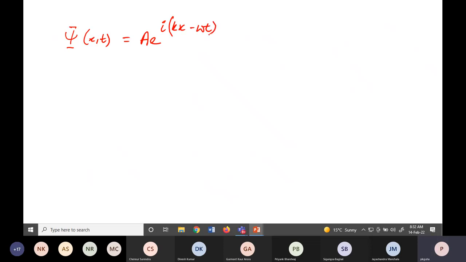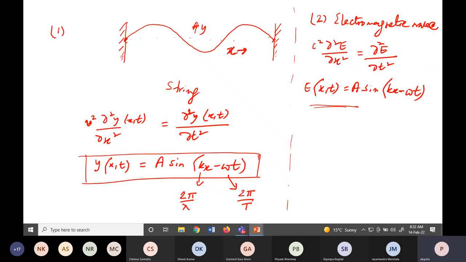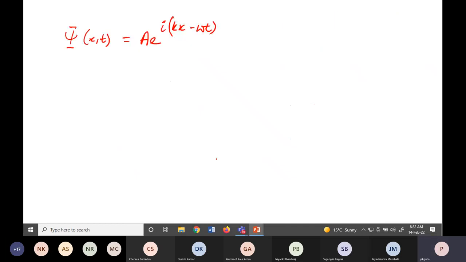So same expression, same equation. Capital Psi equal to A e to the power i(kx minus omega t). If you write in the e to the power form, it will be easier to differentiate, easier to calculate and all that. But they are the same, you see.